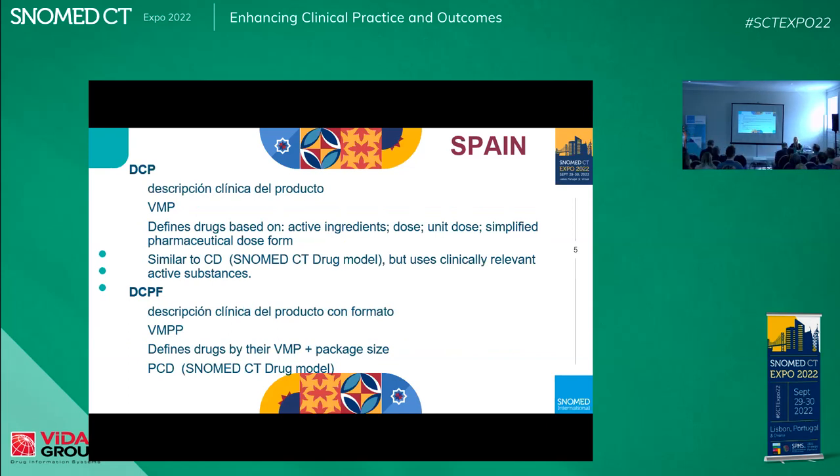The DCP and the DCPF are more specific concepts, and they are related to the clinical drug concept from the SNOMED CT drug model, and the PCD concept from the SNOMED CT drug model.